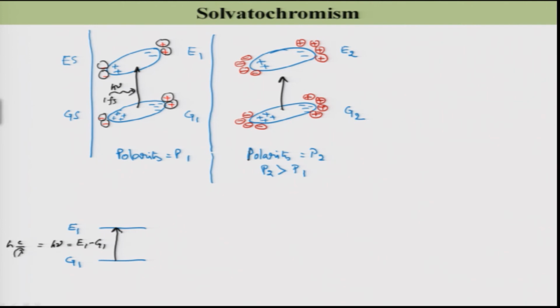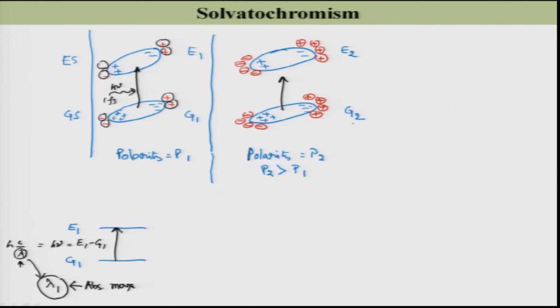So, you will get this as the absorption maximum for this polarity P1. Let us name this lambda as lambda 1. This is your absorption maximum in this polarity P1 solvent.